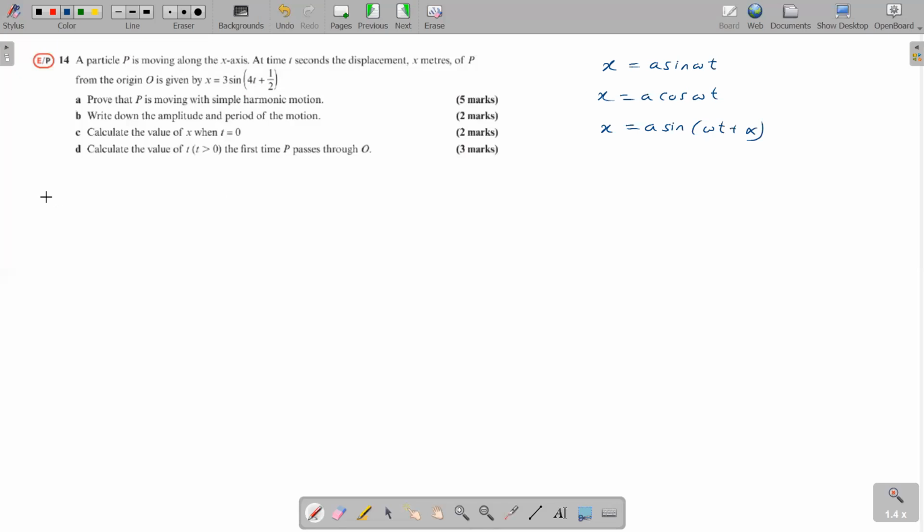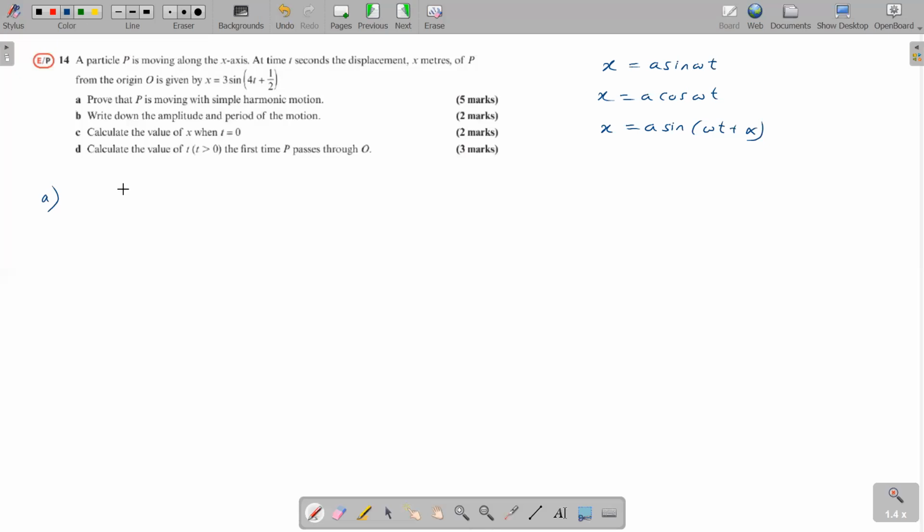So in part A, they ask us to prove that the particle is moving with simple harmonic motion. How do we prove that a particle moves with SHM? There's a key signature here. The acceleration is always towards the center, and the acceleration is directly proportional to the displacement.